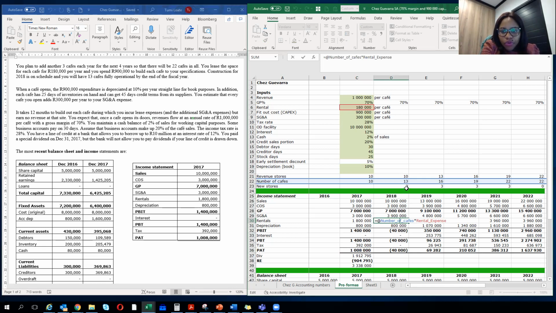You're going to pull through the 13, and you are paying a rental expense of 180,000 per cafe. You've got 13 cafes that year that you are constructing, and you have to pay a full 180,000 in expenses for all 13 stores, even the ones that are not bringing in revenue yet.